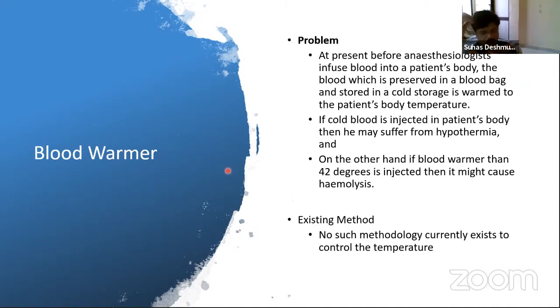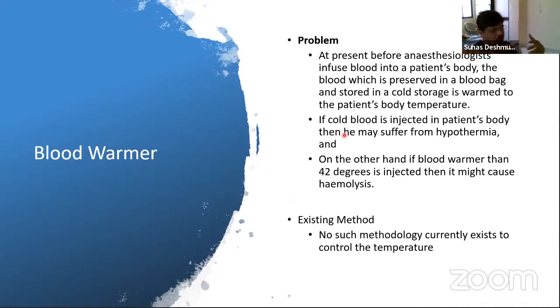If you give that lower temperature blood to the patient directly, there is a problem: he may suffer from hypothermia and may have some reactions. So that is the problem.